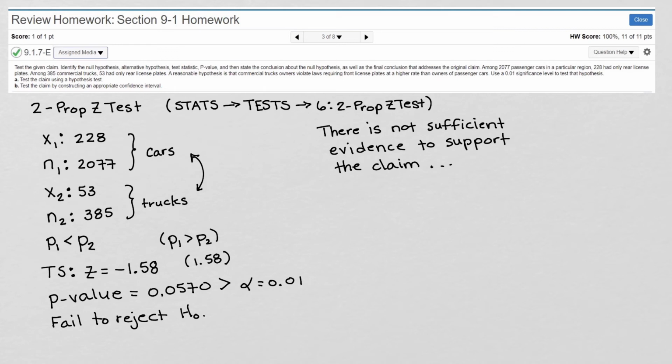In part B, we want to test the claim by constructing an appropriate confidence interval. So what I'm going to do is I'm going to look at my value for alpha. And that's going to give me the confidence level that I want to use. So if I draw the distribution, and we know that this was a one-tail test, right? This was a left tail test.